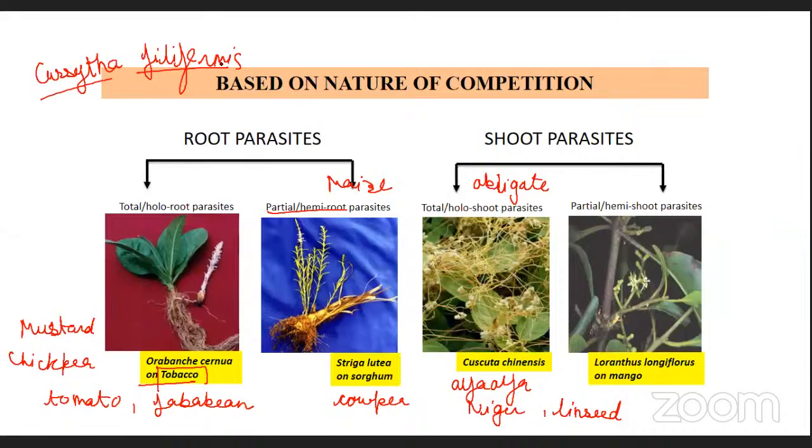It can produce its own food, but it will attack the host, and for other things it is dependent on the host plant, for the habitat or anything else. So this example, Cassytha filiformis, is also a parasite which you have to remember. And it is usually much greener in color than the cuscuta.